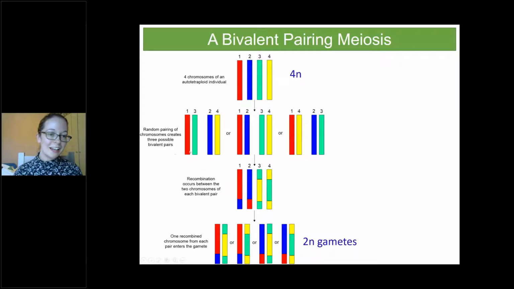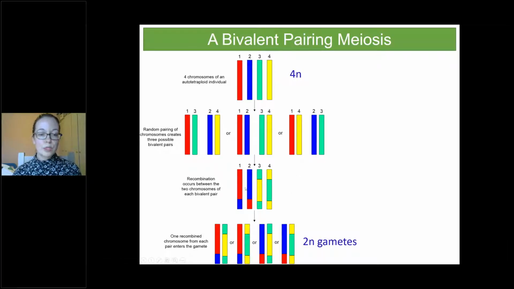And you can see that here. You could have this first possibility where red pairs with green and blue with yellow, and then there are two more possibilities as well. These pairings might be random, or in some species there's evidence of preferential pairing between particular genome copies. Once the pairing has happened, the recombination will happen in the same way as it would in a diploid.